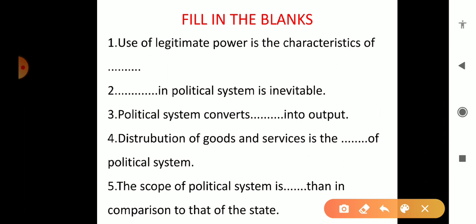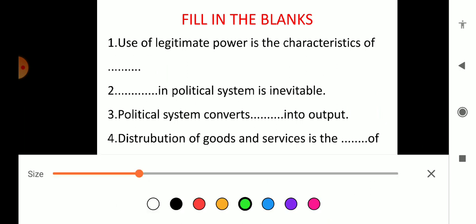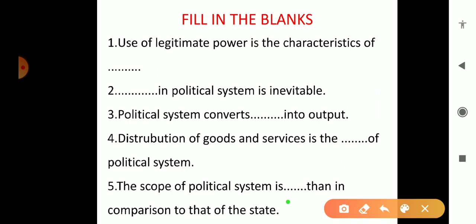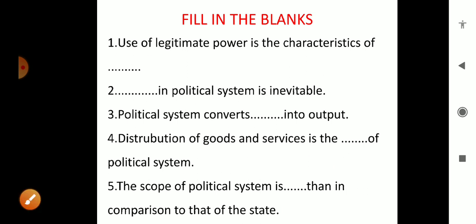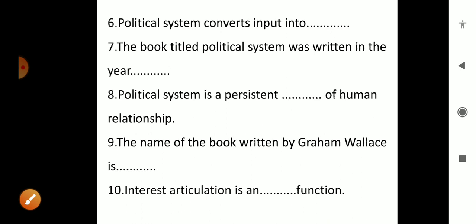If we read about the features of political system. And we know that state has 4 compulsory elements. So here the answer would be wider. The scope of political system is wider in comparison to that of the state. Hopefully you got it. Let's move to the next question.